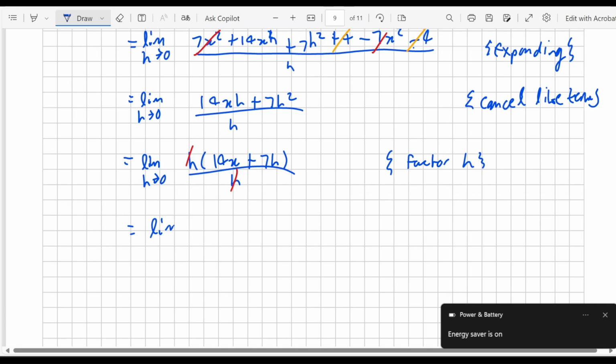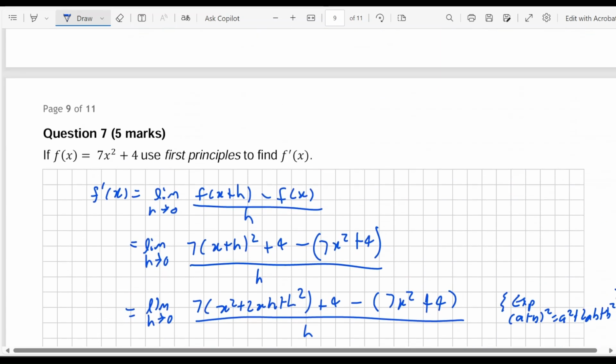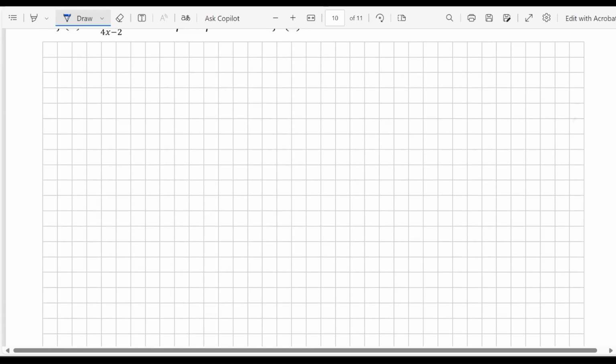So this is the limit as h goes to 0 of 14x plus 7h, which is 14x plus nothing, and you can just put h equals 0 here. So this is f dash of x. Wonderful, and that is what the derivative should be.